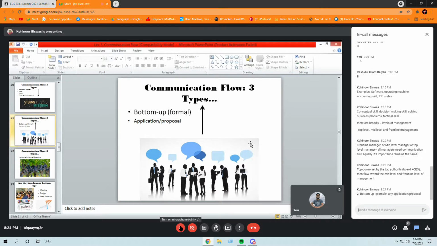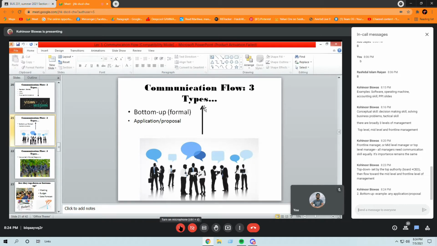This arrow is upward, so anybody, even with something as simple as a leave application or sick application, has to write it to the chairperson and then to the vice chancellor. So this is bottom up communication. It starts somewhere at the front line or mid level, and moves towards the top authority for approval.